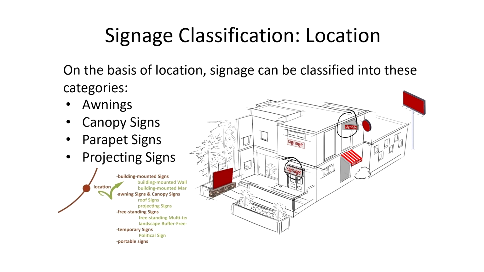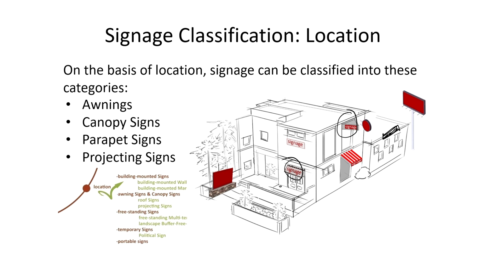The canopy signage is similar to awning signage but without the primary goal of providing shelter. It extends from the building exterior wall and may serve as a marking. The parapet signage is usually located above the parapet like this.